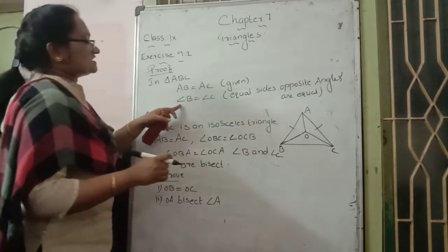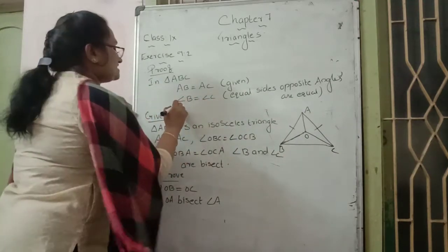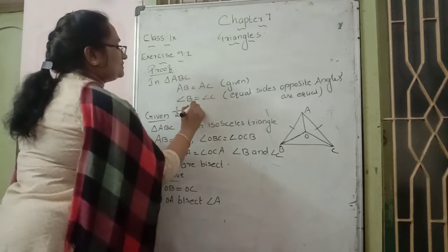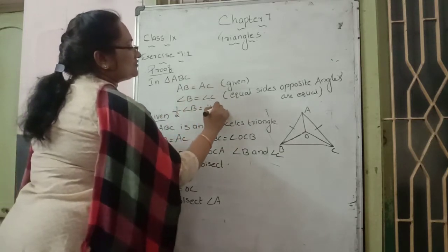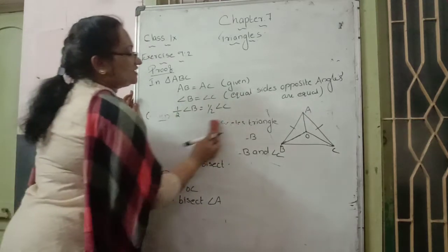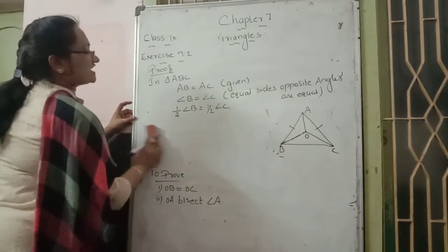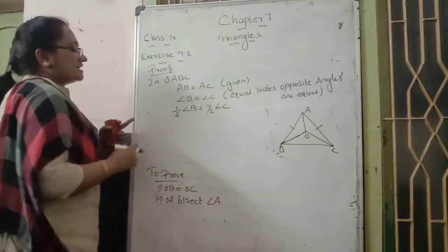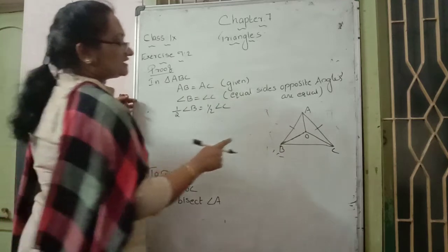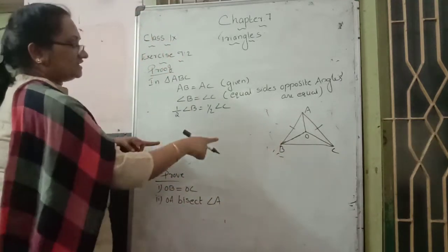Then the next process: take half on both sides. That means take half of angle B and half of angle C. Half of angle B means you divide the angle into two angles, which we already wrote in the given.